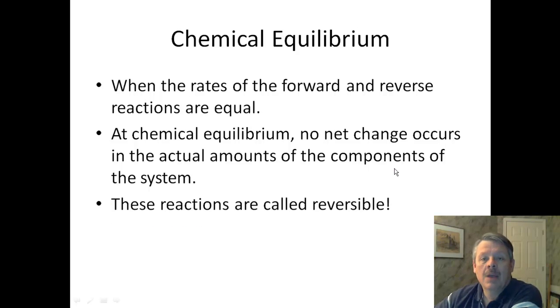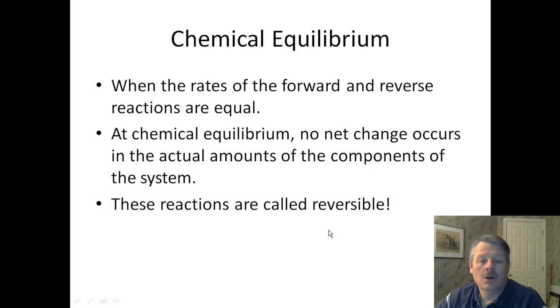Now, when we have chemical equilibrium, this is when the rates of the forward and reverse reactions are equal. So we've already shown you a couple of forward and reverse reactions, but at chemical equilibrium, no net change occurs in the actual amounts of components of the system. So nothing changes.